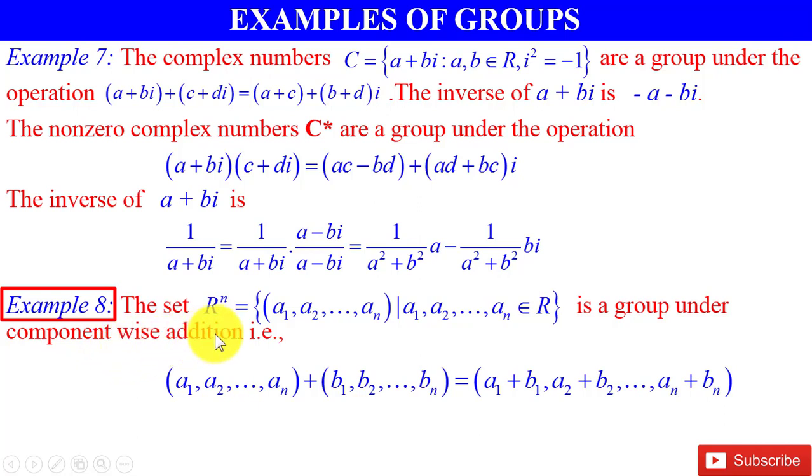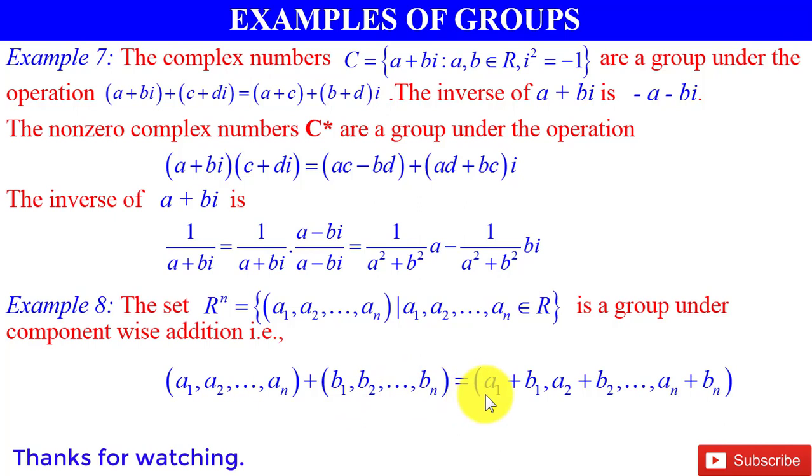Example 8. The set Rn of n tuples a1, a2, up to an such that a1, a2 up to an belongs to R is a group under component wise addition, that is a1, a2 up to an plus b1, b2, up to bn is equal to a1 plus b1, a2 plus b2, up to an plus bn.